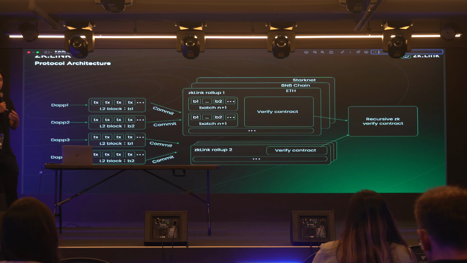So it depends on the specific needs of the application themselves. And what is important to notice here is that setup 1 and setup 2 can actually share the cost of zero-knowledge proof generation and verification through a recursive zero-knowledge proving process.